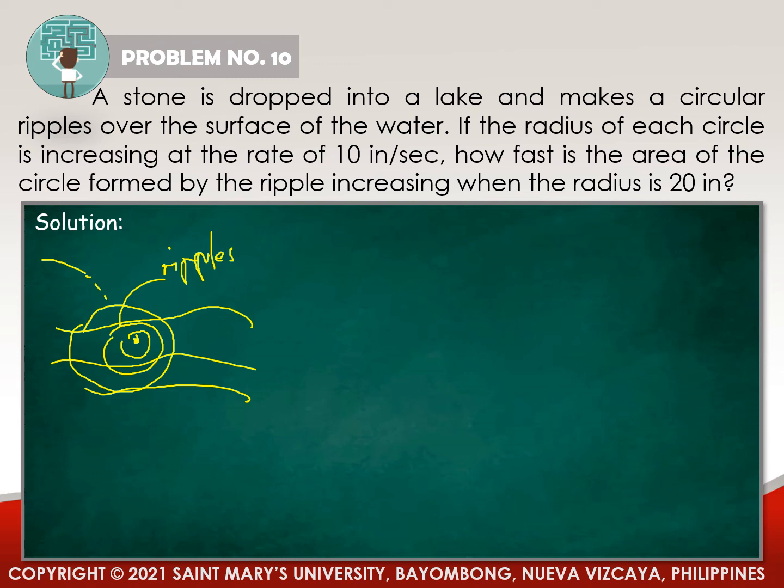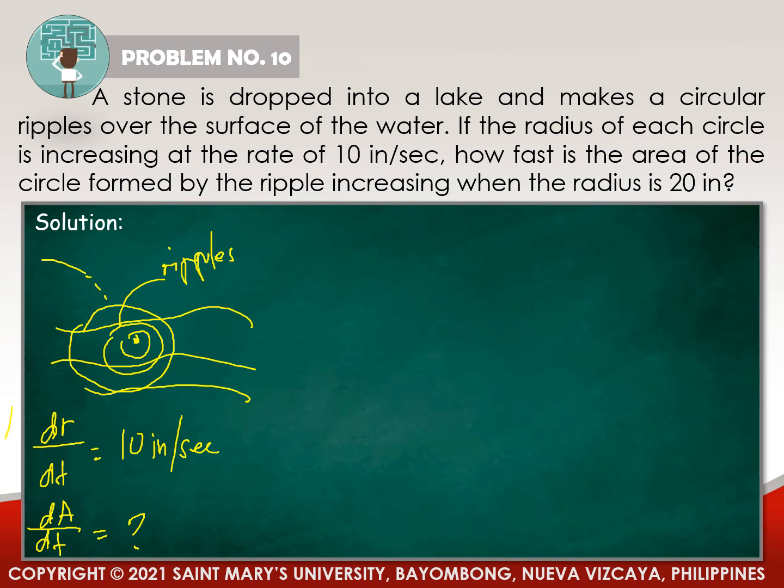Yan yung ripples. So, sabi sa problem, the radius is increasing at the rate of 10 inches per second. That is dr over dt equals 10 inches per second. Ang hinahanap kasi dyan, the rate at which the area is increasing. And we have dA over dt ang missing.